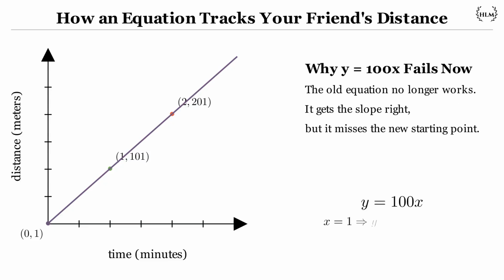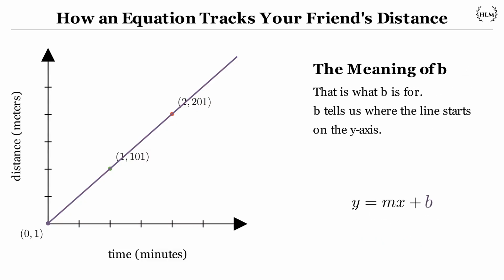Now our equation from before, y equals 100x, does not work because, let's see, let's sub in 1 for x. If we sub in 1 for x, we get 100 times 1, which is 100. So y equals 100. But in our case, this new situation where you and your friend started at 0, 1, our y is not at 100. It's at 1, 101.